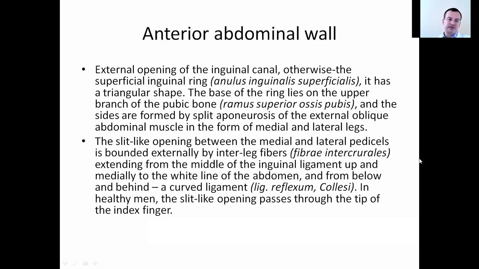The slit-like opening between the medial and lateral crura is bounded externally by intercrural fibers, fibrae intercrurales, extending from the middle of the inguinal ligament up and medially to the white line over the abdomen, and from below and behind by a curved ligament, ligamentum reflexum. In healthy men, the slit-like opening passes the tip of the index finger.